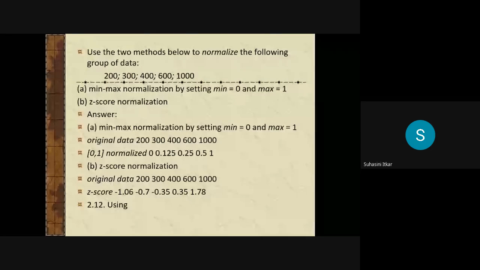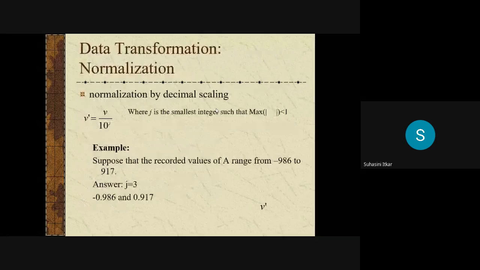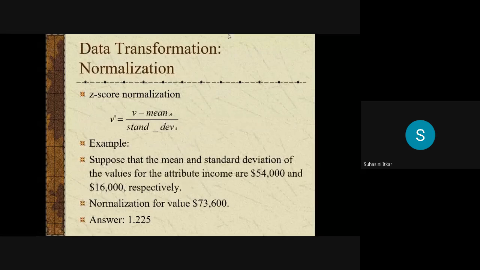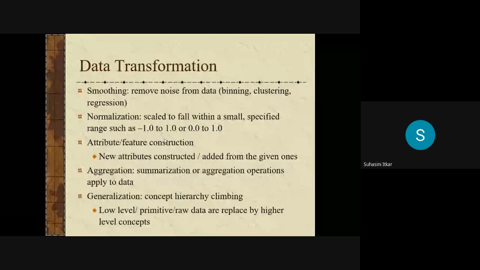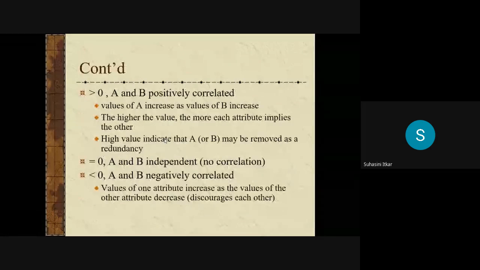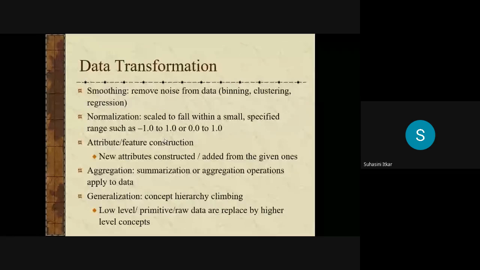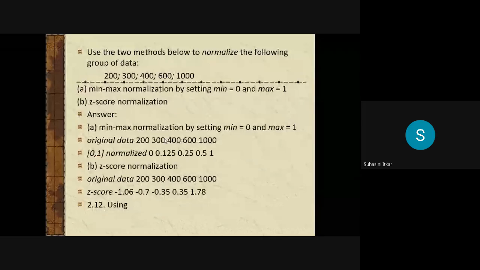And now replace it in the z-score formula. So it is V minus mean, which is 500, and standard deviation 600. V is the value we are calculating for, 300, and for 1000.